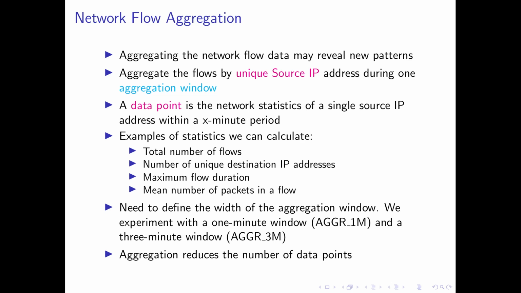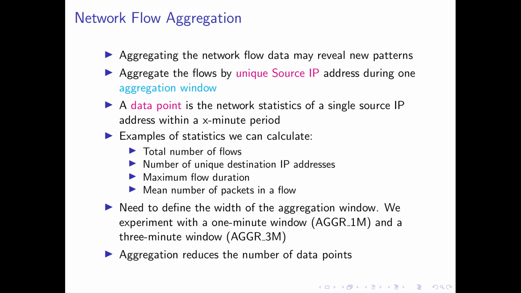For example, we can calculate the number of flows that this IP address had, the number of unique destination IP addresses, and the maximum flow duration during this period. The intuition behind this is that we are looking at the problem from a different perspective, and this operation of aggregation can reveal new patterns that will help the detection.